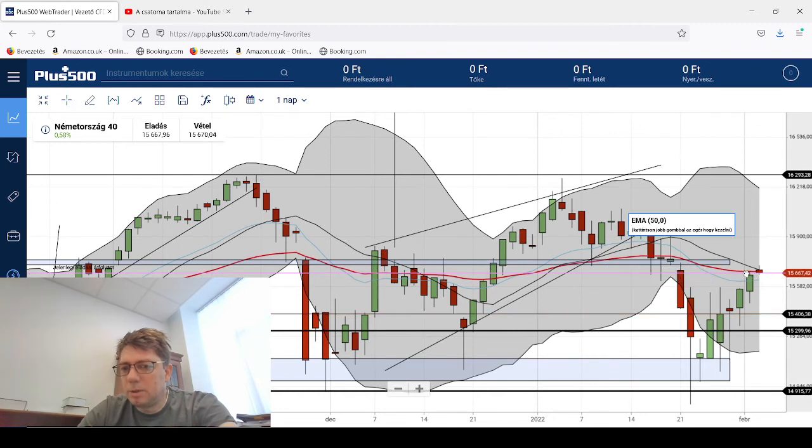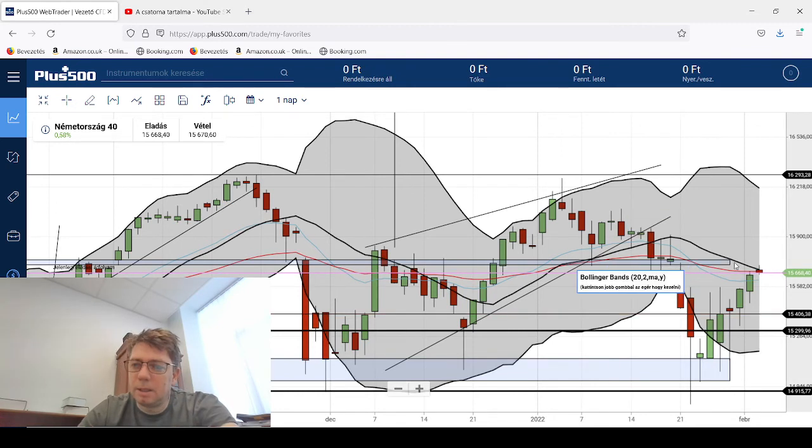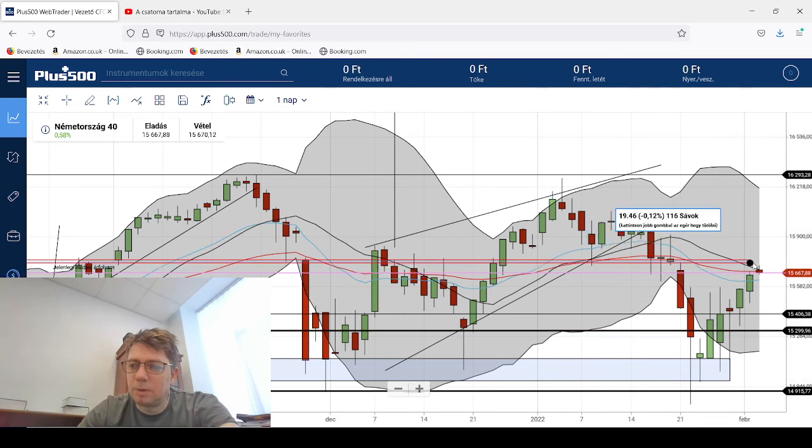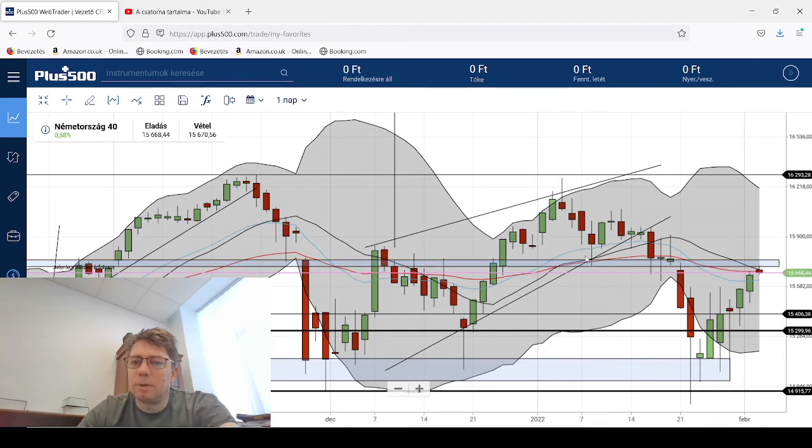If we do break above the 50-day EMA, then, and of course right now we are also at this area that I consider resistance. Once we are above there, then 15,900 is the target. Above 15,900, probably we are going to the previous top.